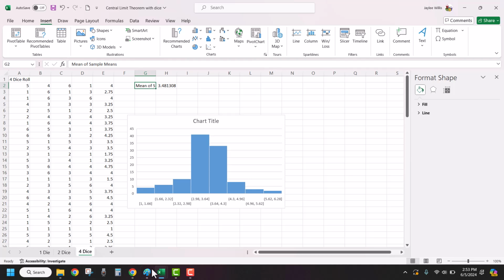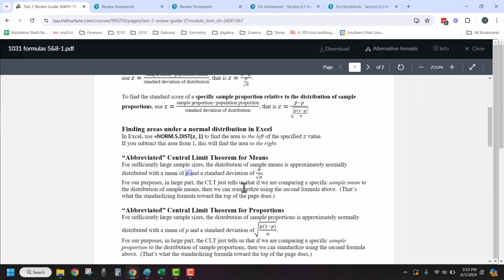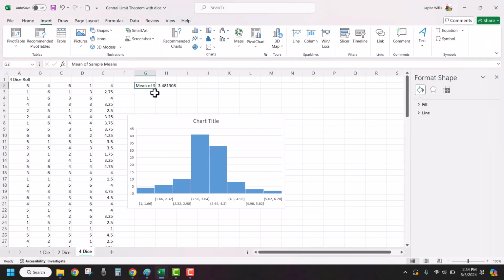And then the second thing that the central limit theorem says about means is that the standard deviation of the sample means is going to be the standard deviation of the population divided by the square root of the sample size. So what that means here, so we'll say standard deviation of sample means.